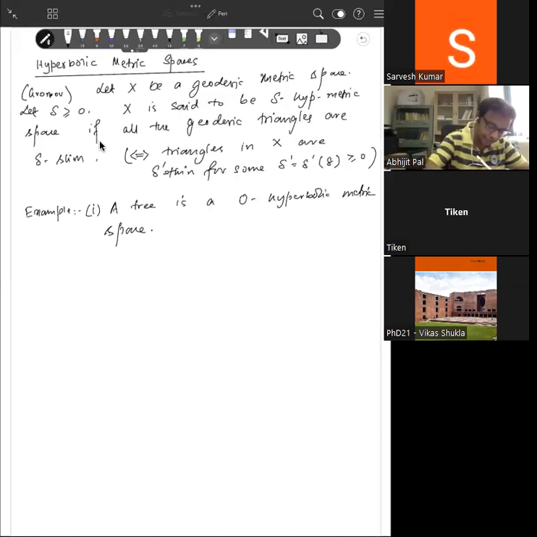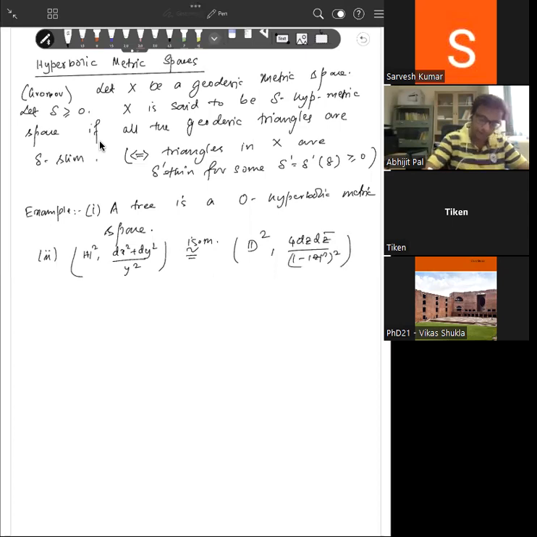And the next thing, this we are going to do. You take the upper half plane with this Riemannian metric, which is isometric to the unit disk with this Riemannian metric. Okay, so this is a log 3 hyperbolic metric space.